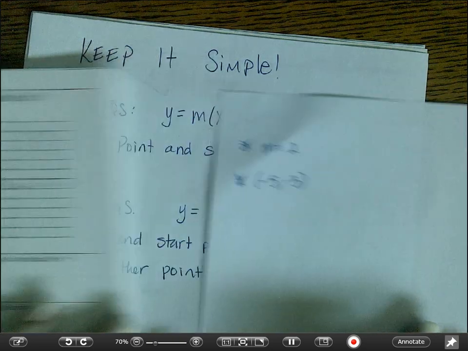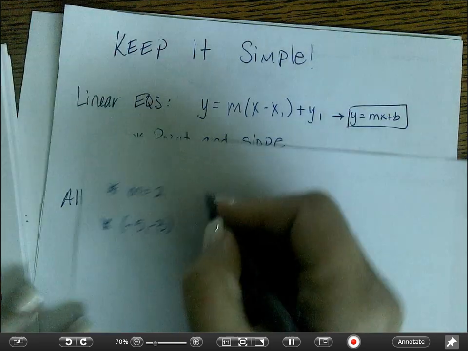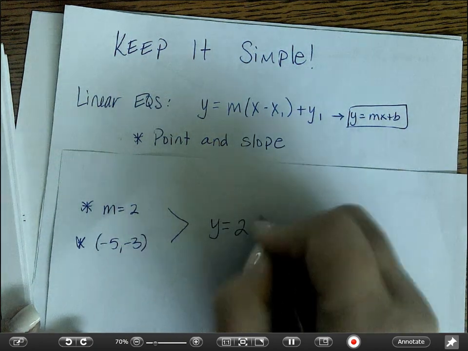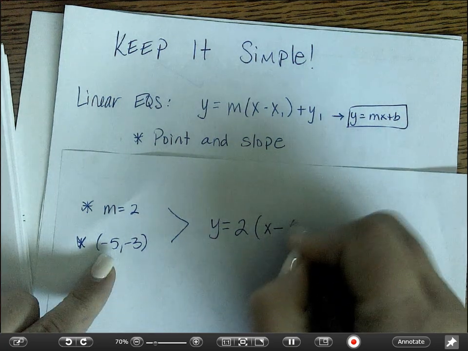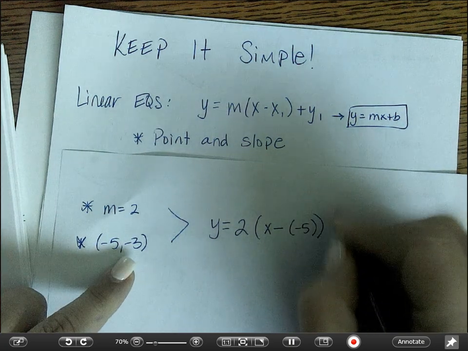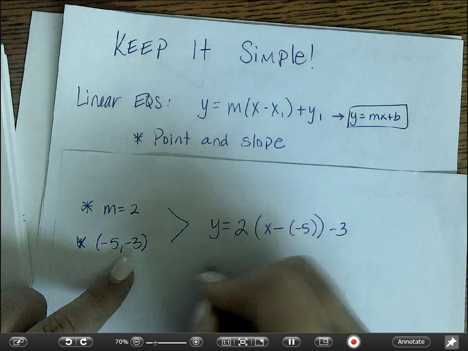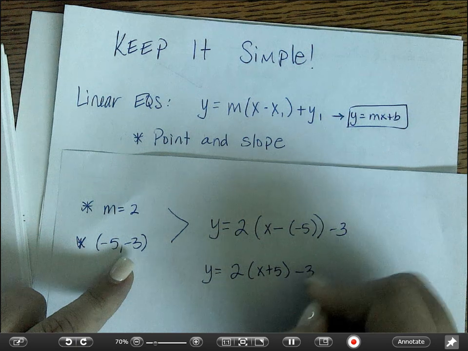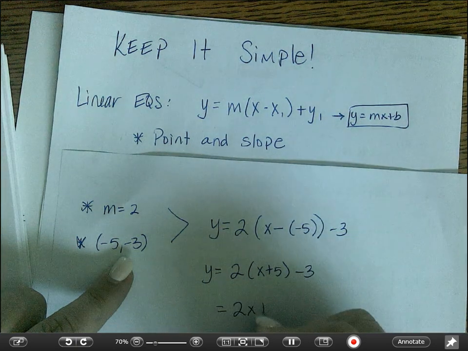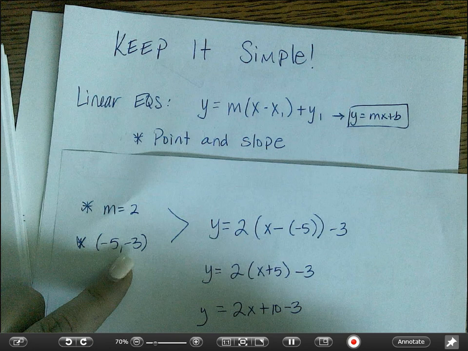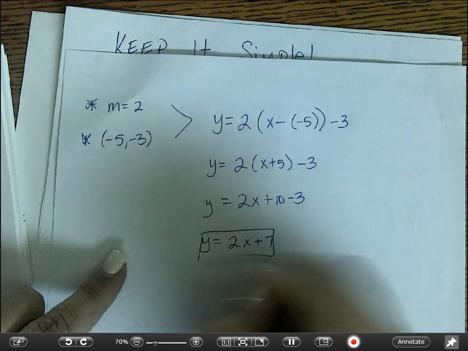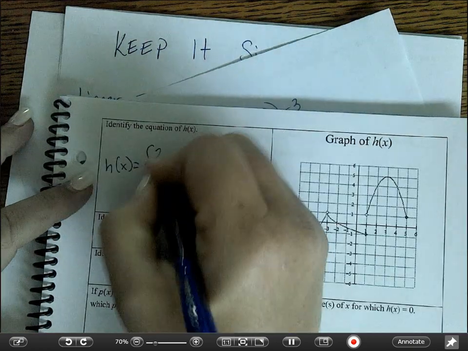I'm going to take this information and write it as m, which is 2, times x minus -5, and then whatever my y value is. Now I'm just going to simplify that. I'm going to distribute, and then again simplify. So that is the equation of this line, 2x plus 7.